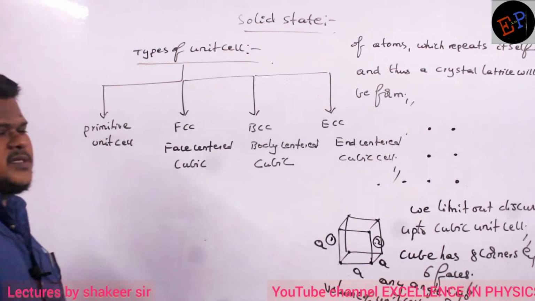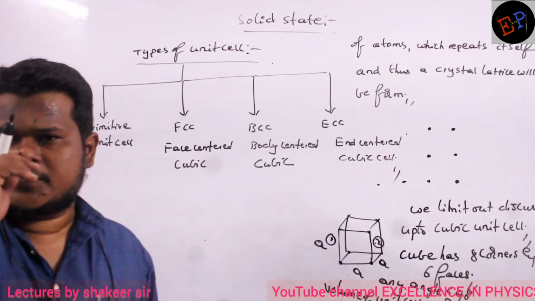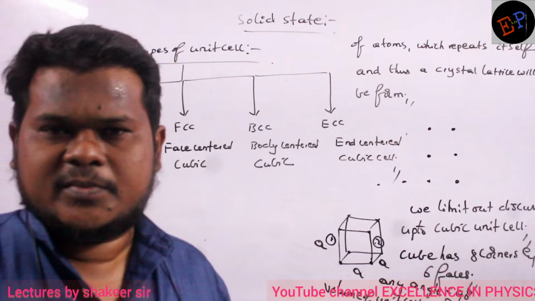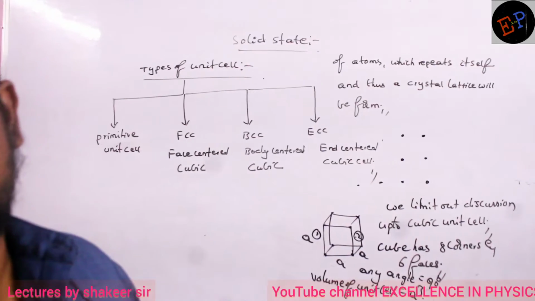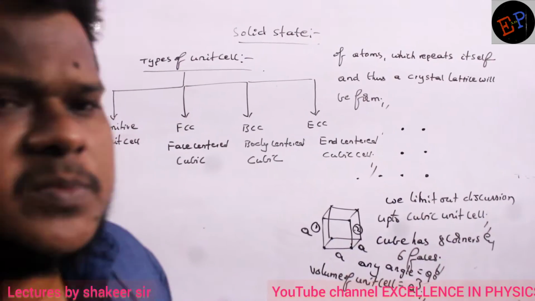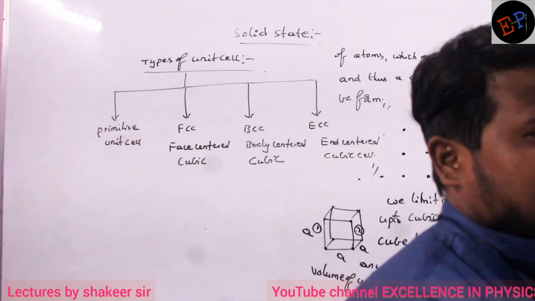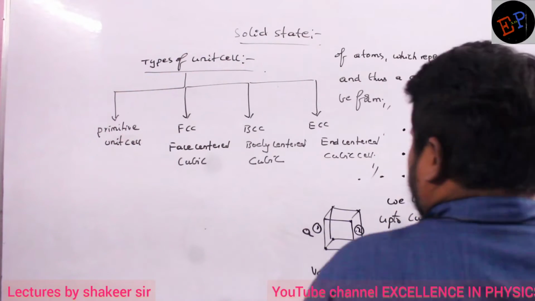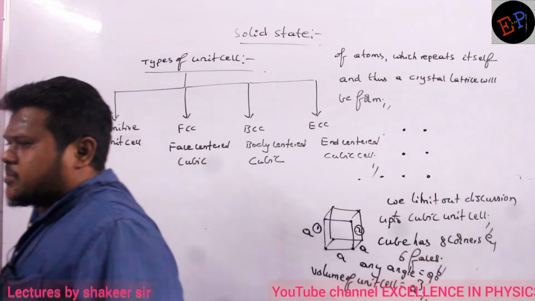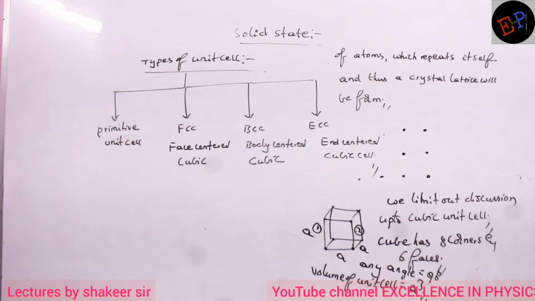So these are the four types of unit cells which we will study. First one is called the primitive unit cell, and FCC, BCC and ECC. Let us have our discussion on the first one, the primitive unit cell.